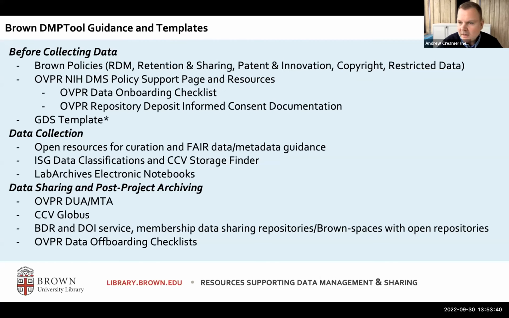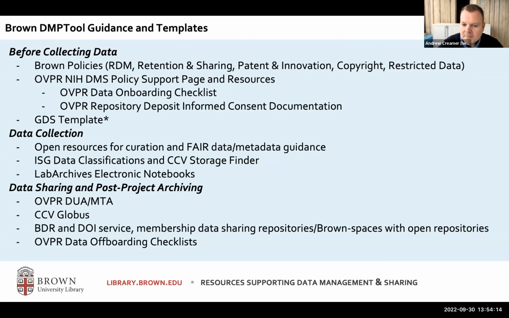There's a link to our electronic laboratory notebook, LabArchives, as well as resources at Brown for data sharing: our data use agreement folks and material transfer agreements, CCV's Globus for transferring large data sets, links to our repository, the Brown Digital Repository, and our DataCite DOI service, for obtaining a digital object identifier to attach to a data set or code that you want to cite within a publication or an RPPR.